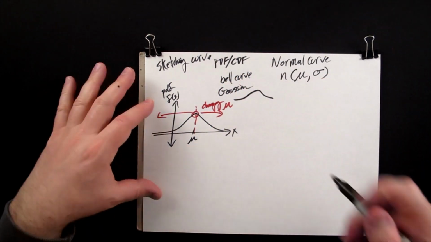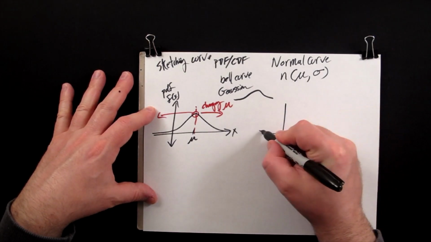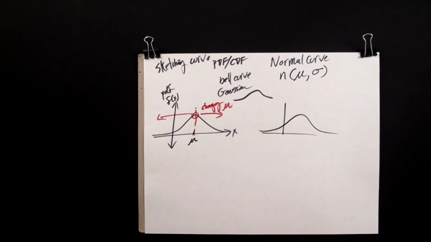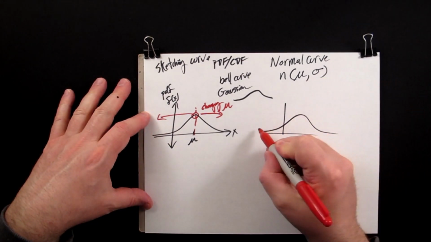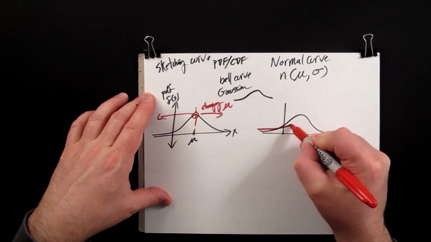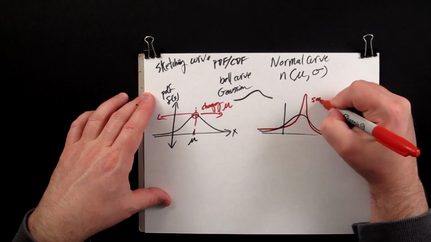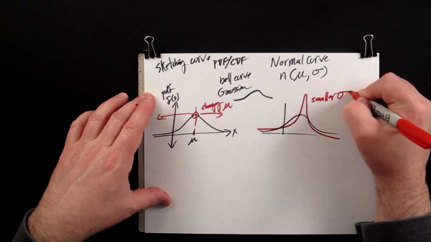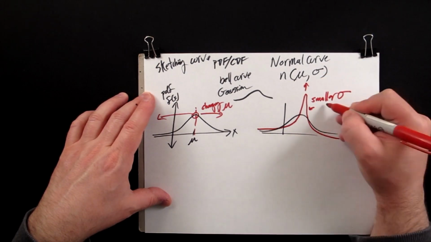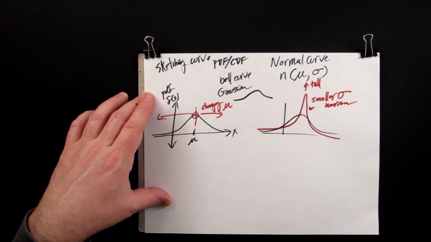Okay, what about sigma? Well, what sigma does is, you have your bell curve, and if you have a smaller standard deviation, it narrows this curve, and so you have a larger spike here. So smaller sigma drives that peak up, makes it narrow. So it's tall and narrow.